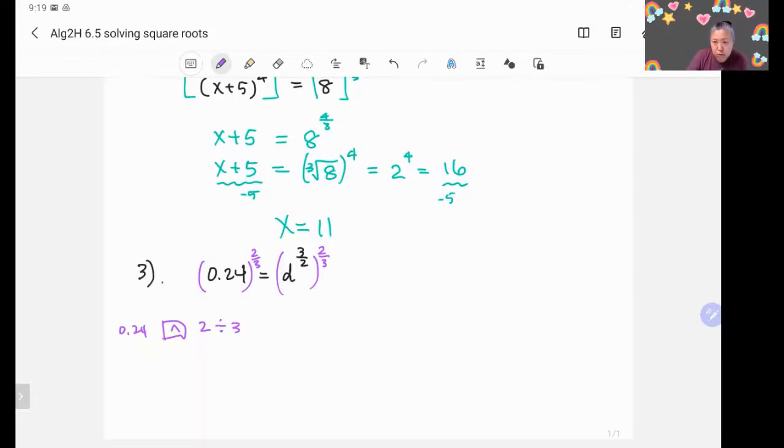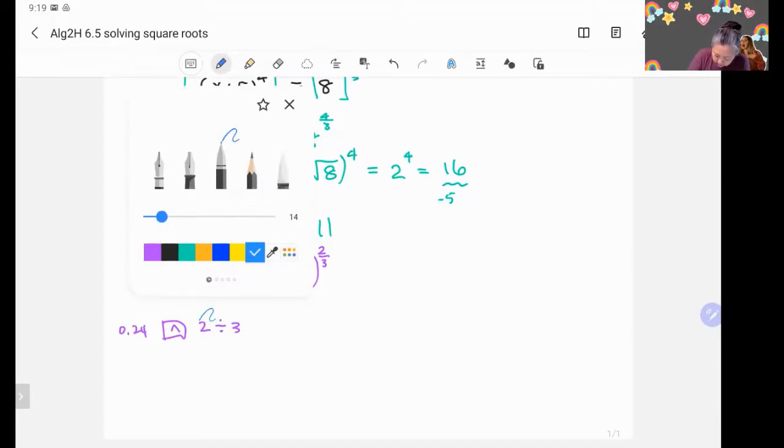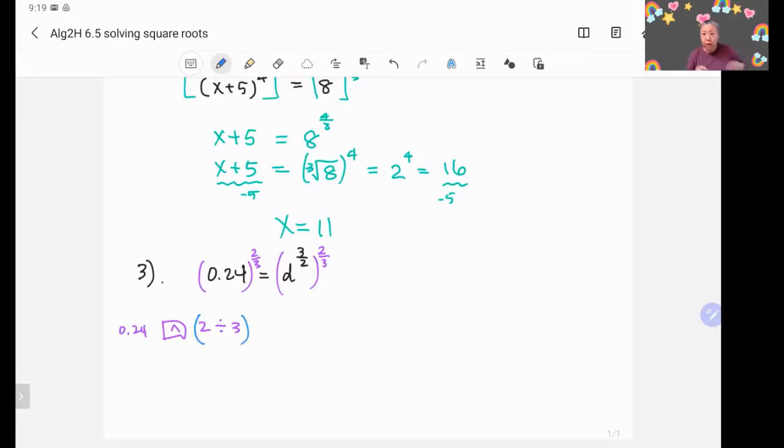In this case, you have to be really careful: if you don't use parentheses, it's going to malfunction, because the calculator will raise this to the power of 2 first, and then whatever the powered number is will be divided by 3. So we have to make sure we put the parentheses around the rational exponent, okay?